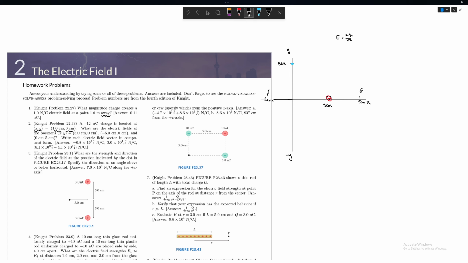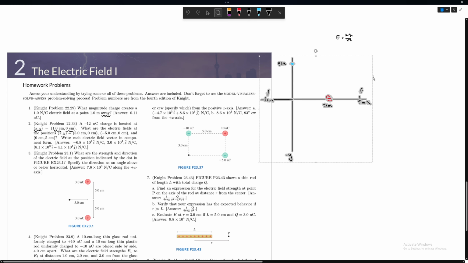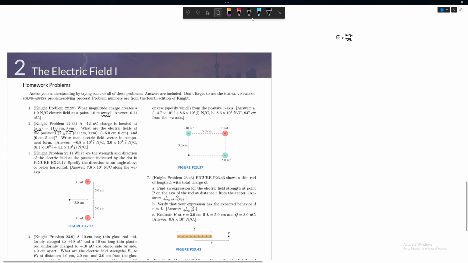If I want to measure it, I'm going to redraw this. What I have is some electric field here that we're looking at. And we know that it is 5 centimeters high.